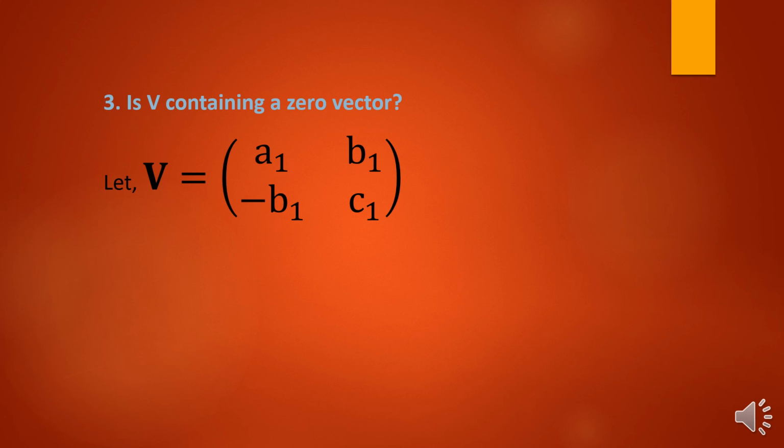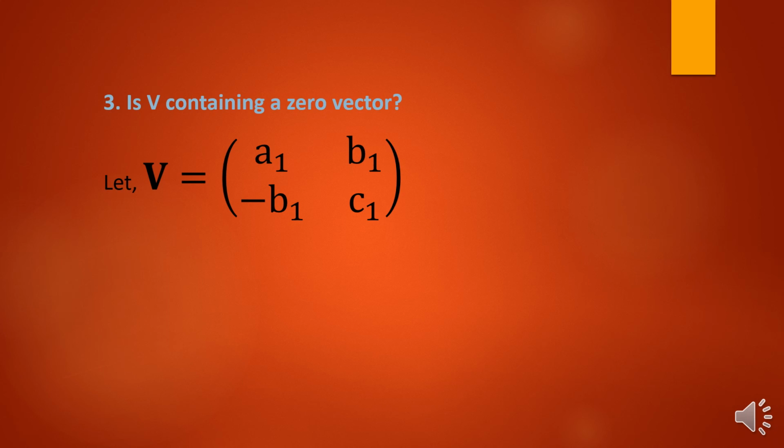And there's something which you must note concerning skew-symmetric matrices. Its major diagonal must be 0, since each entry is its own negative. Therefore, if we are talking about its major diagonal to be equal to 0, that means that A1 and C1 must be equal to 0.